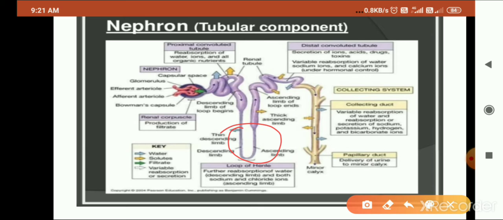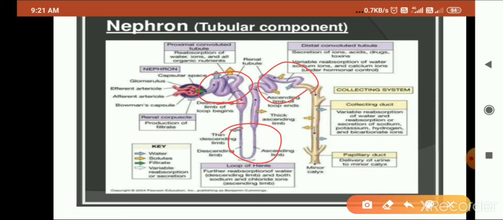And the variable reabsorption of water, sodium and calcium ions also takes place at the distal convoluted tubule. Now, the proximal convoluted tubule is the anterior part. The distal convoluted tubule is the posterior part of the renal tubule or the loop of Henle.